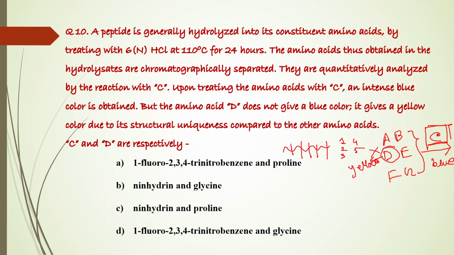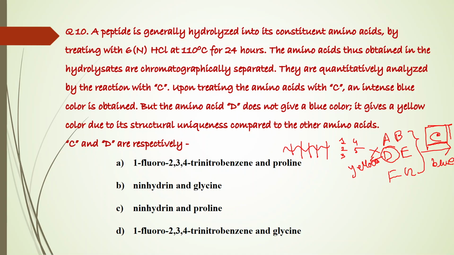First of all, just by reading the last line, you should already understand that there is only one compound that is used for blue coloration in case of amino acids, and that is your ninhydrin. We have already read this multiple times that ninhydrin interacts with these amino acids and gives you a blue coloration.